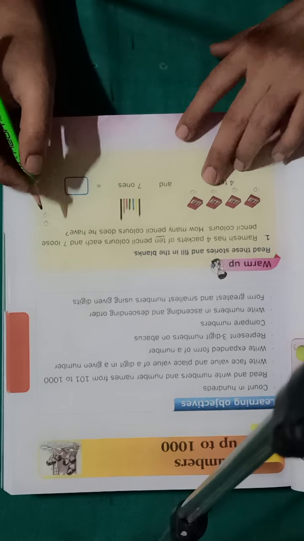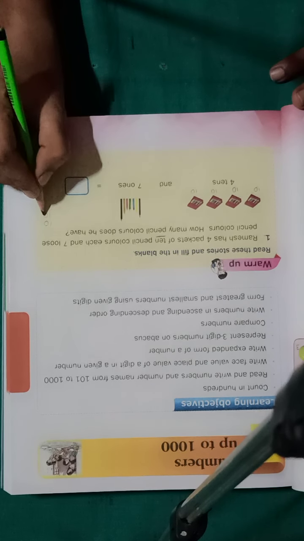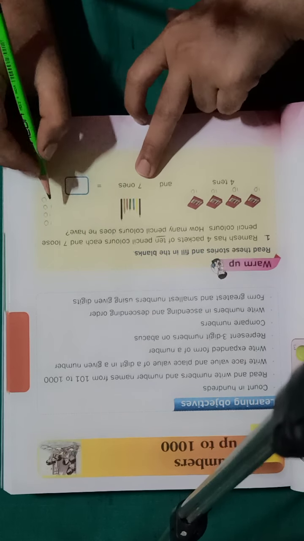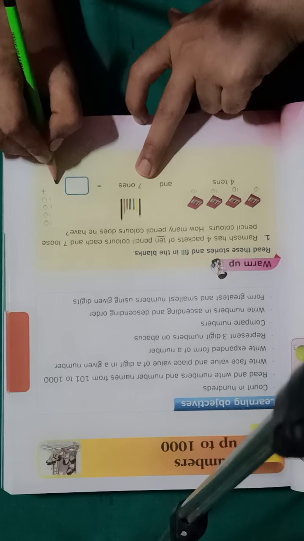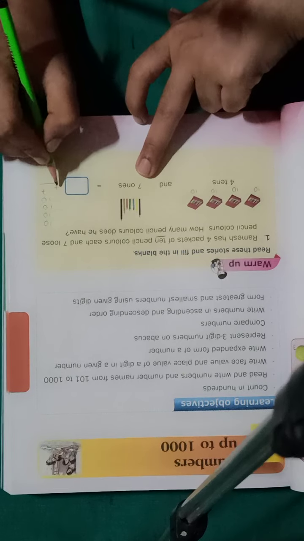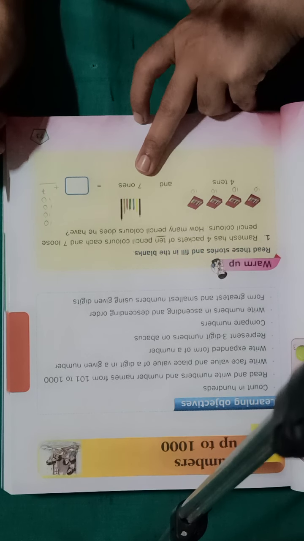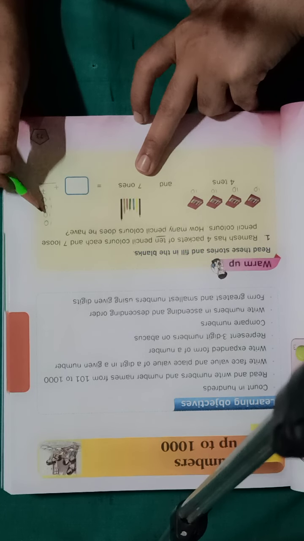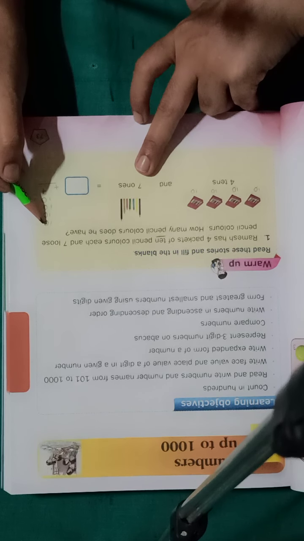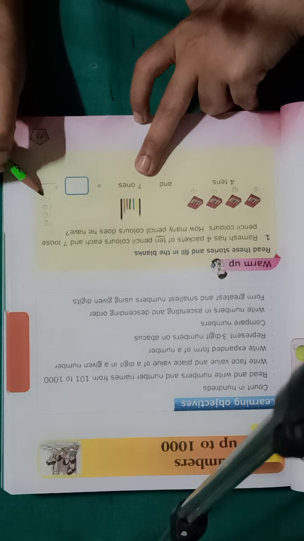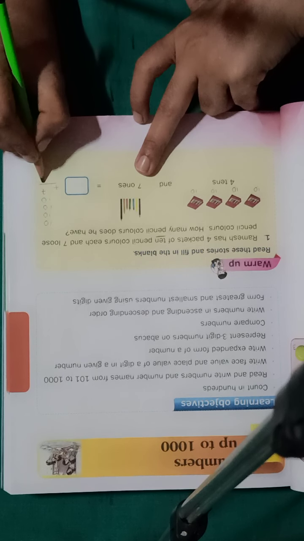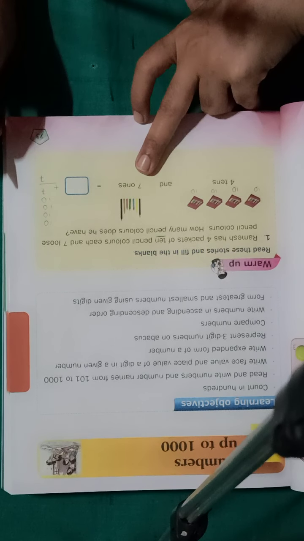That is 4 tens, and 7 loose pencils. Plus means add. In the ones place how many are there? That is 7 only, these all are zeros. So you have to write 7 here.